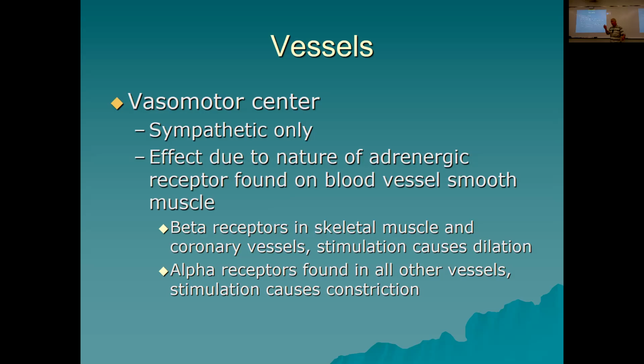And remember that there are, from last semester, two different types. Actually, there are a lot more types, but we're just going to look at beta receptors and alpha receptors. So beta receptors are found in skeletal muscles and coronary blood vessels. Stimulation then causes dilation.